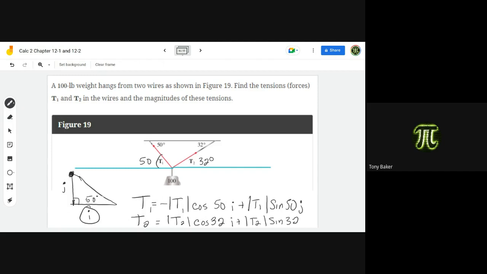Yep. So that's T2. So those are my two tension vectors. Now, to solve this, we have to come up with what T1 and T2 are. We have to find those magnitudes at some point. Now we have to do a bunch of work.